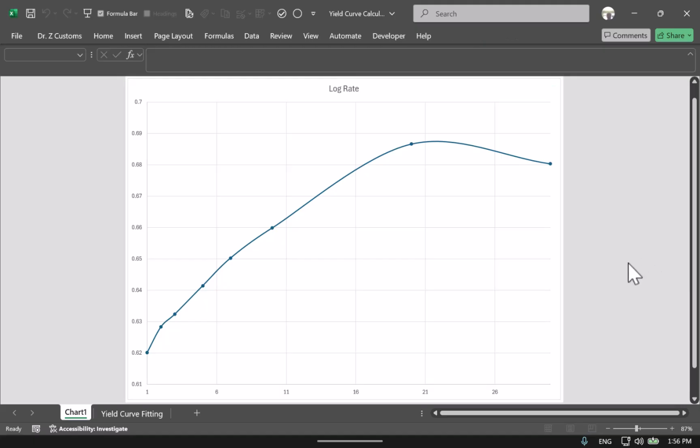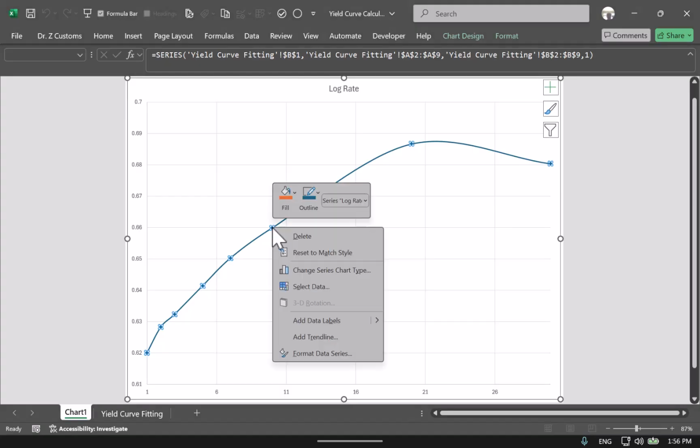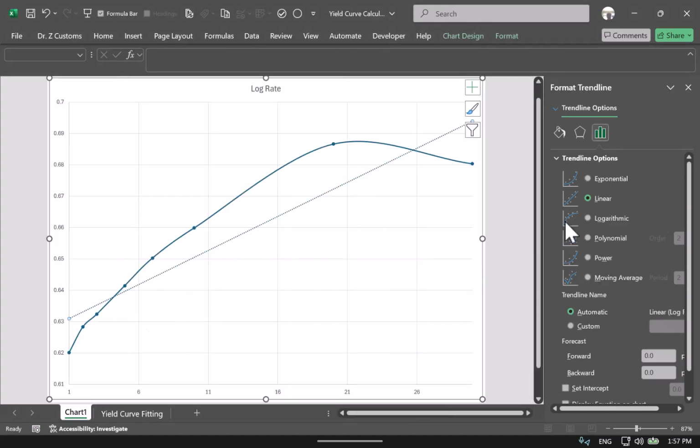You can, I mean, this curve is drawn by Excel, but we don't know what the formula of that is. I can fit a curve to this: click on the series or the curve, right click and say add trend line. And I'm going to make it polynomial.